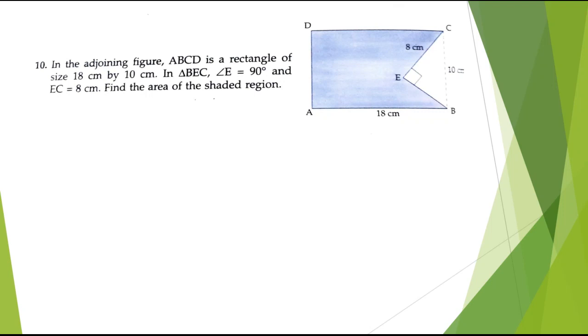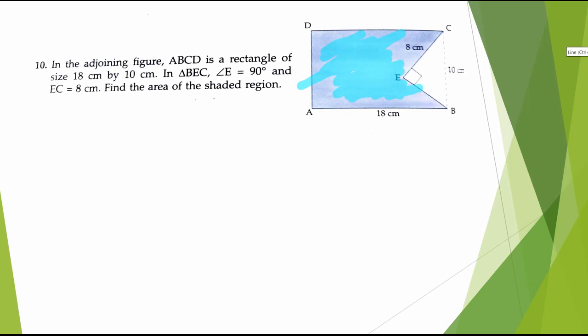Find the area of the shaded region. So you have to find the area of the shaded region, that is this region, the one which is painted blue here. So this area you have to find.